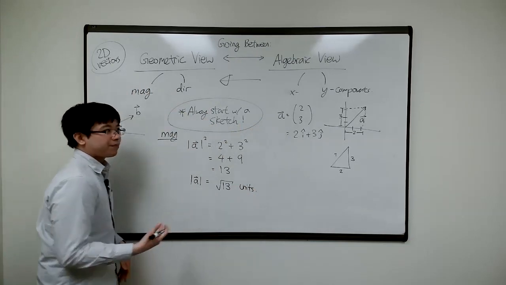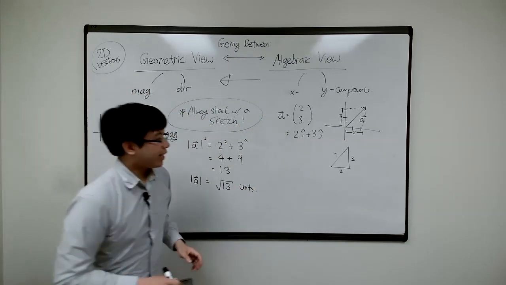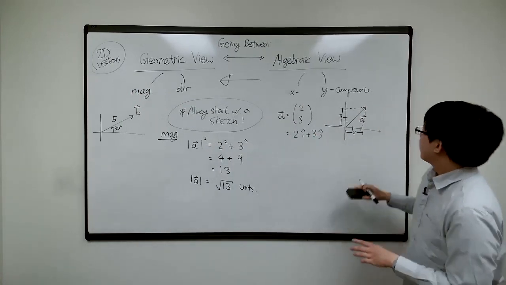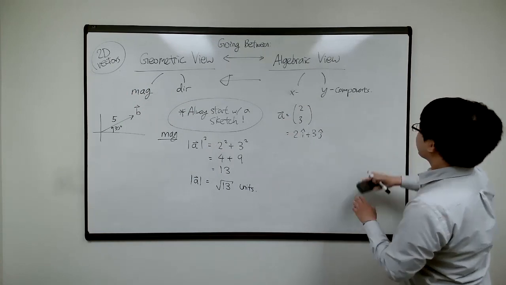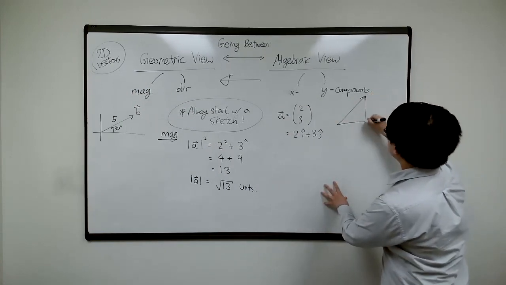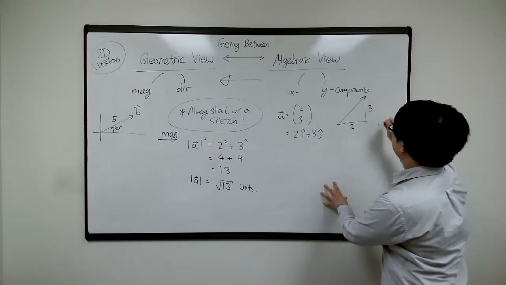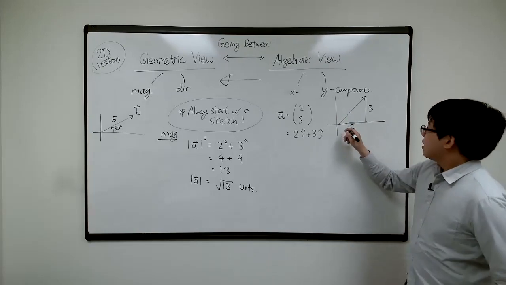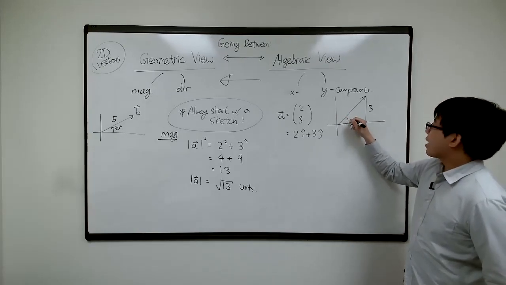How about the direction? Now, this is a little bit more tricky. You need to remember your other trigonometry. Let me draw this out in a clearer way. So that's the vector. It's 2 units this way, 3 units this way, on a grid like this. Let's calculate this angle.